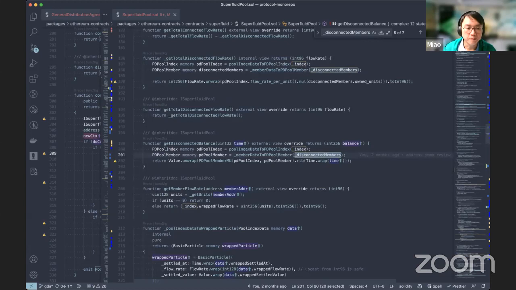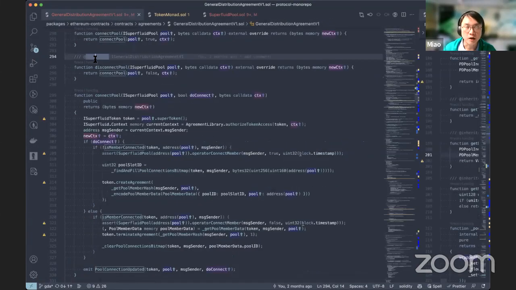Makes sense. Yeah, so I always like to visualize the pool as literally a pool, like a tank, and there is money distributed to it, and there are pool members taking liquid, taking superfluid, from the pool.